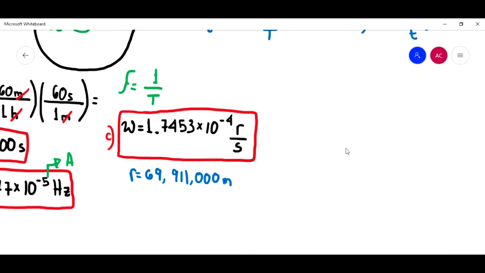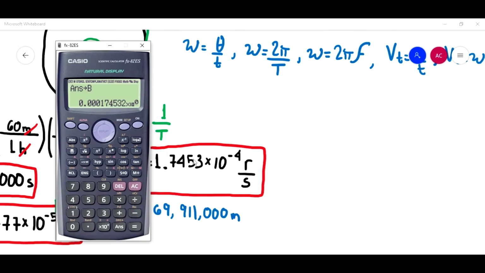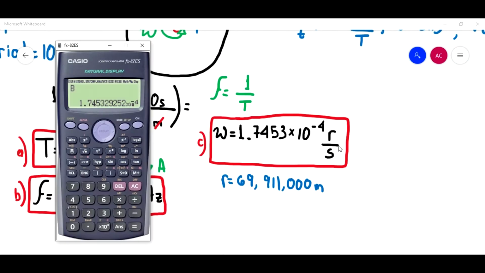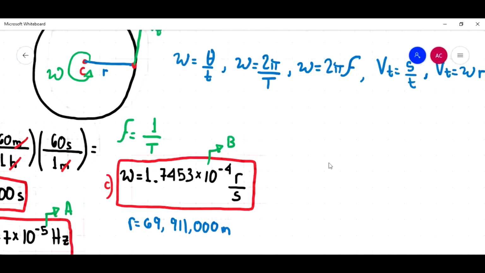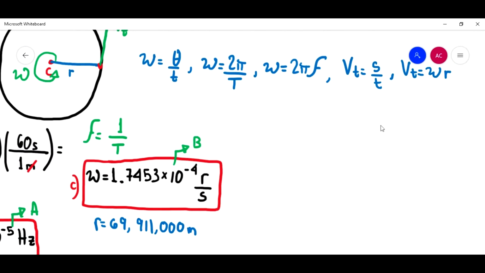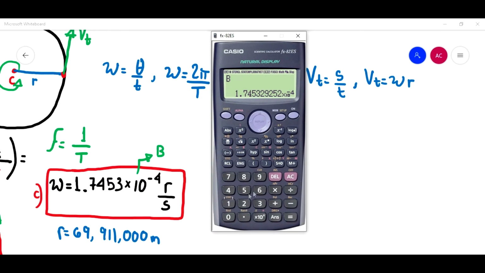So I'm going to multiply the angular velocity times the radius, and the memory that I used to find the angular velocity is the memory B. So tangential velocity is 69,911,123 times the angular velocity.